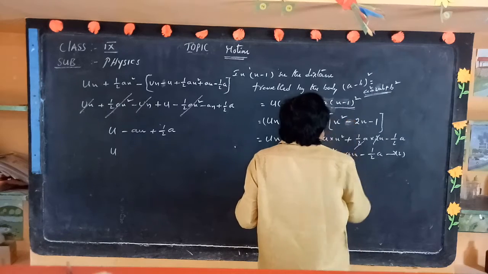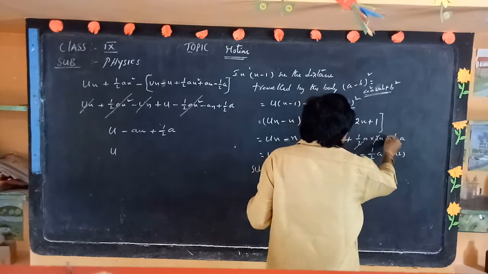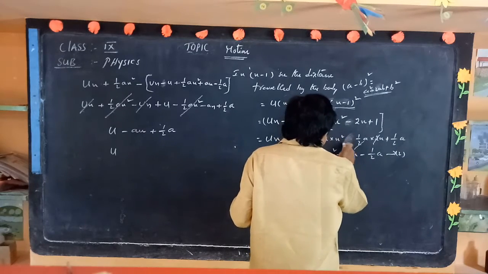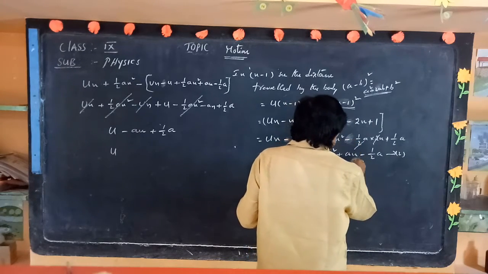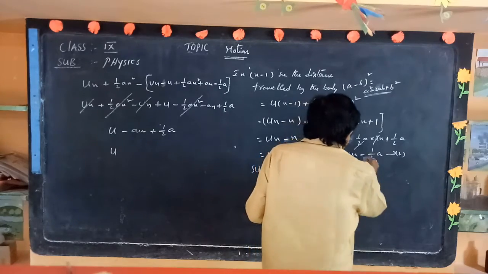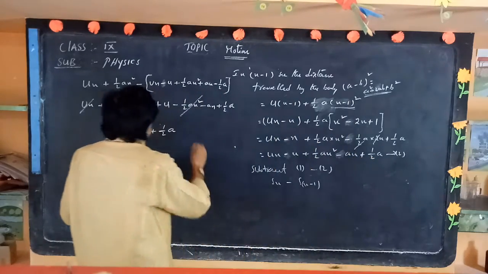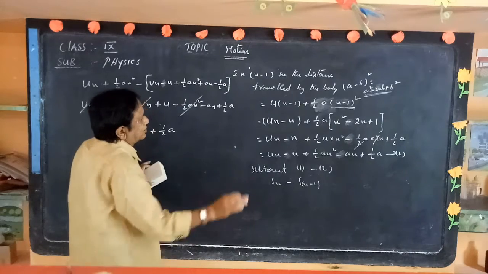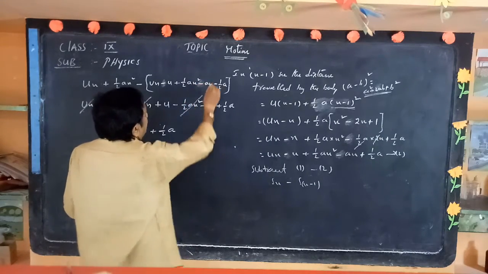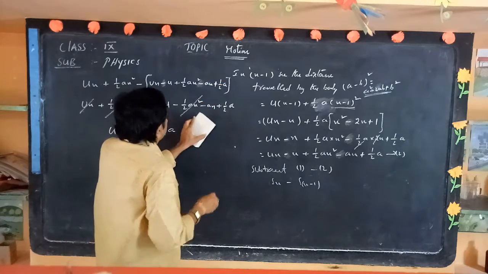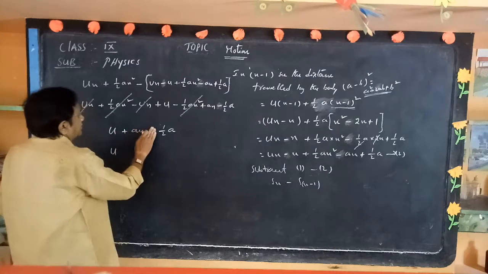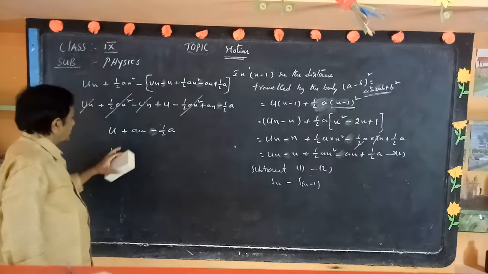I wrote the formula now, minus plus, so it becomes plus. Minus aT plus of a. So here also same mistake I made. Sorry. So here this becomes minus aT. This is plus. So here also this is plus. This is minus. So plus minus.